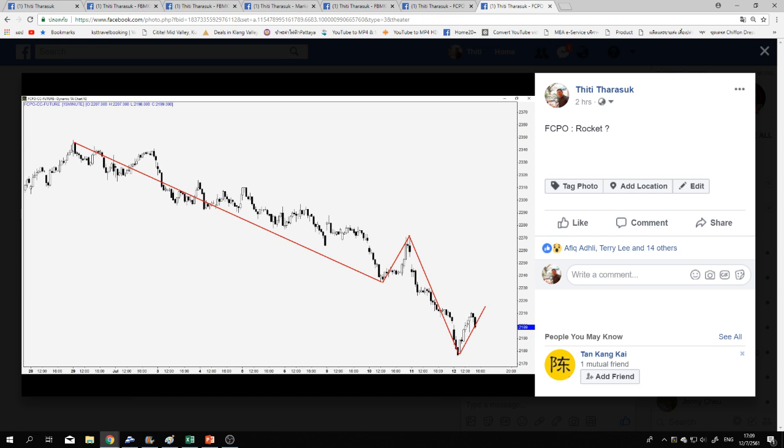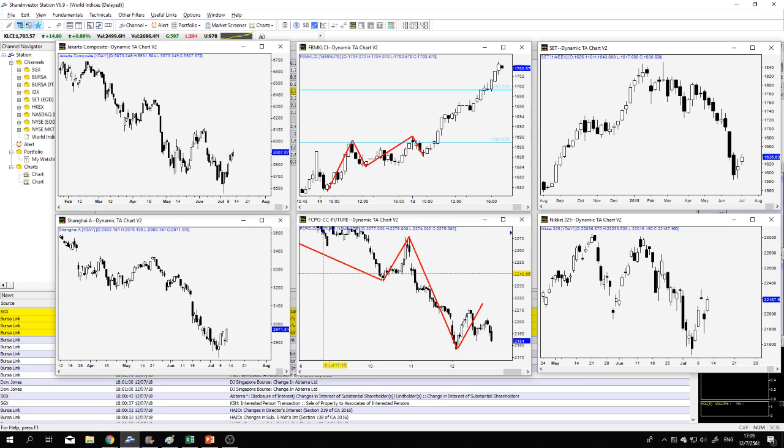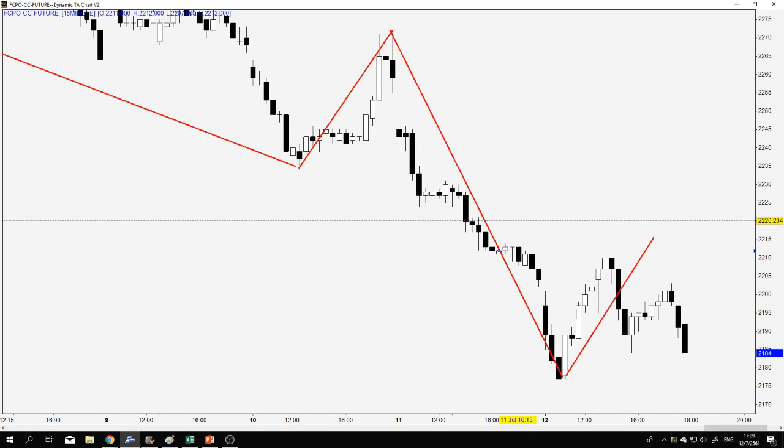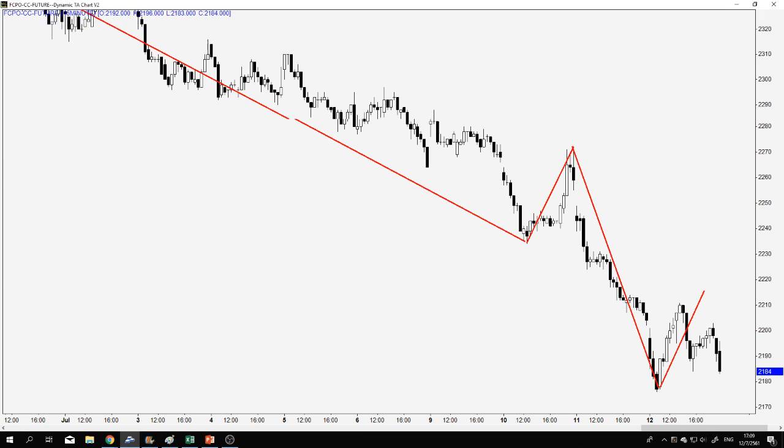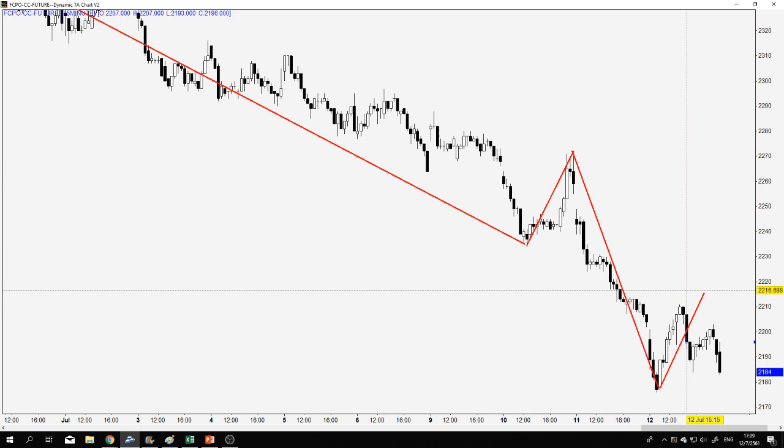If we look at the chart after the rocket pattern that you think in FCPO, you already see the market tries to move down but cannot. If you compare this part and this part, you see this part is easy to move down because the head of gangster is at first floor.